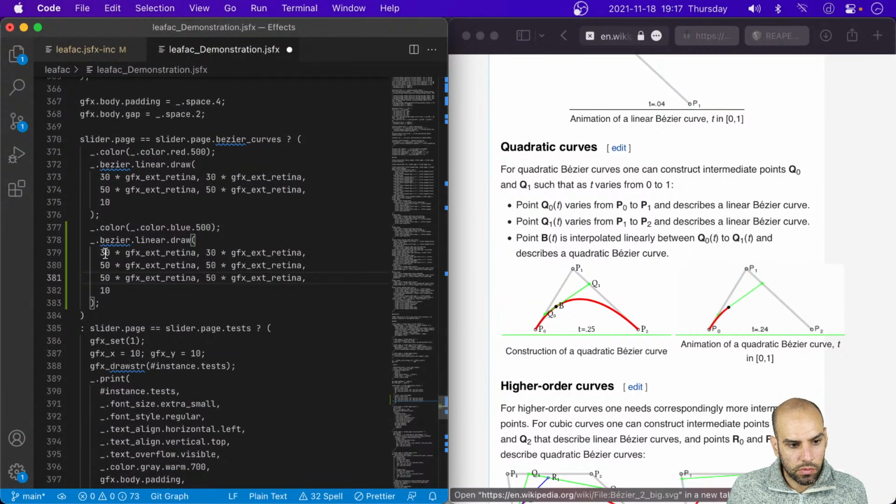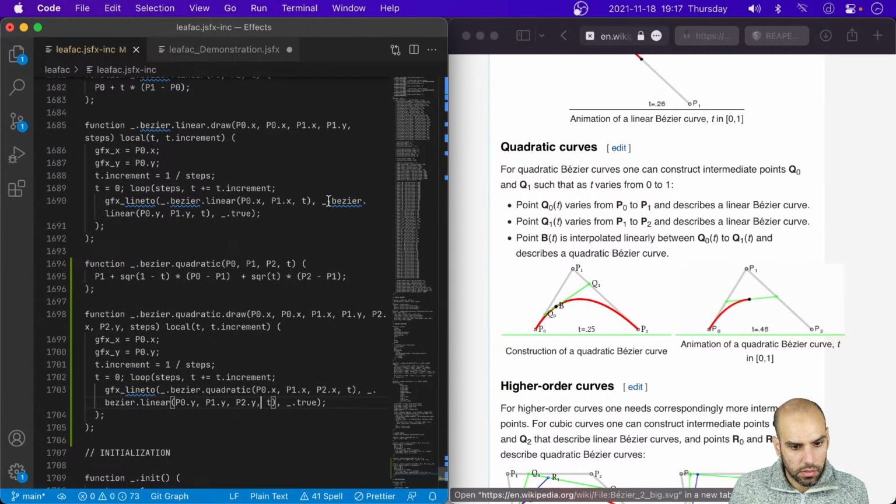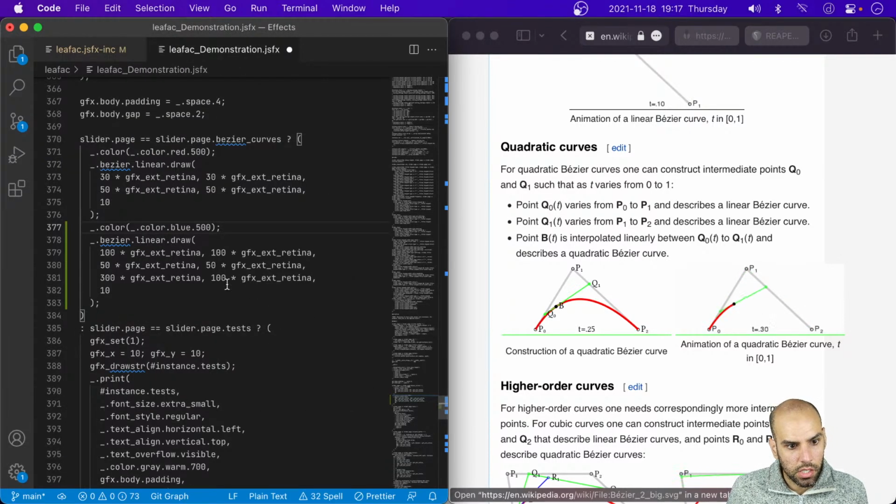I don't want to get from the same place, so I'm not going to go from 30, 30. I will go from 100, 100. Then this is going to be like, let's say 300, 100. Oh, that's our P2, I guess. Did I get the indices right here? Yes, starting from 0 everywhere. Great.